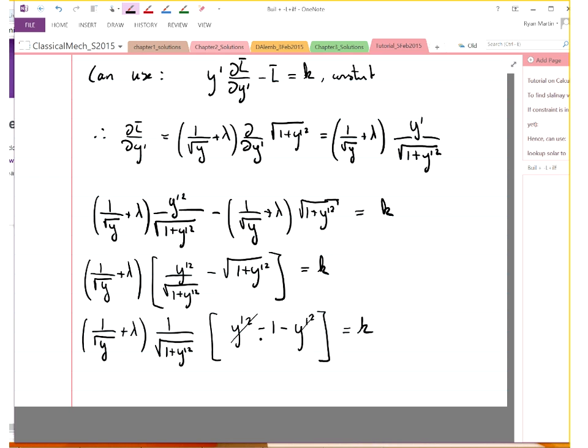And one can arrange this slightly if you prefer. We can square it and invert it.